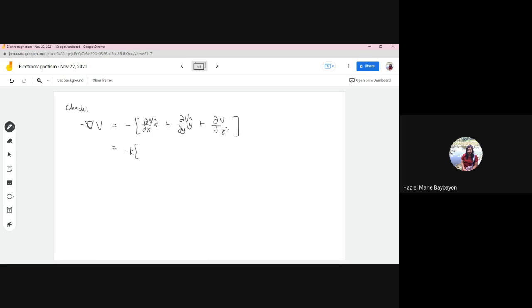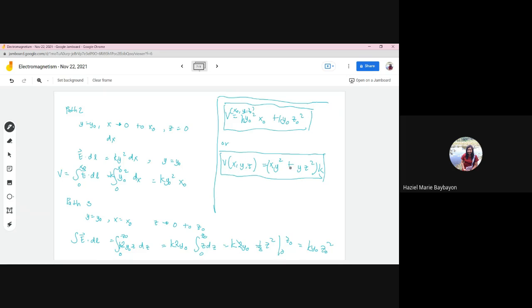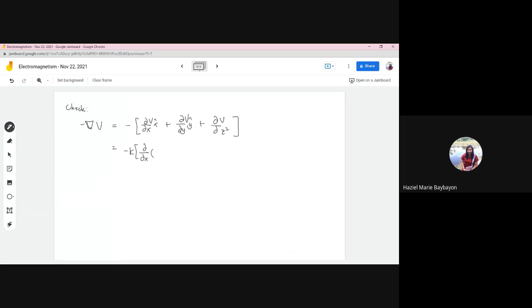We can factor out k first since it is common to all three. You have the partial derivative with respect to x of our function, the scalar function, xy squared plus yz squared, x hat, plus the partial derivative with respect to y of the same xy squared plus yz squared, y hat, plus the partial derivative with respect to z of xy squared plus yz squared, z hat.